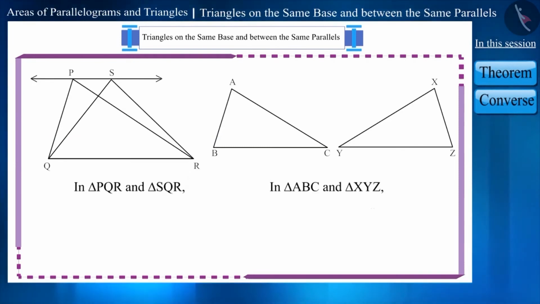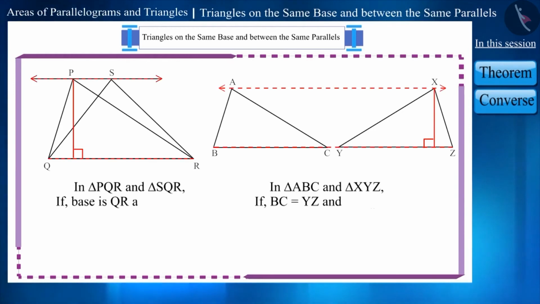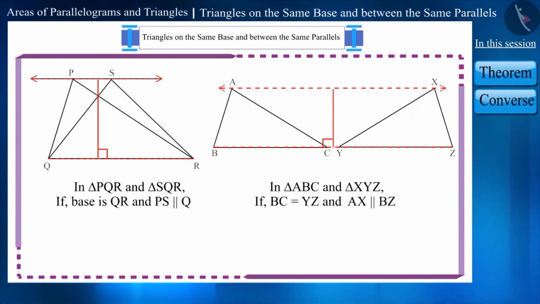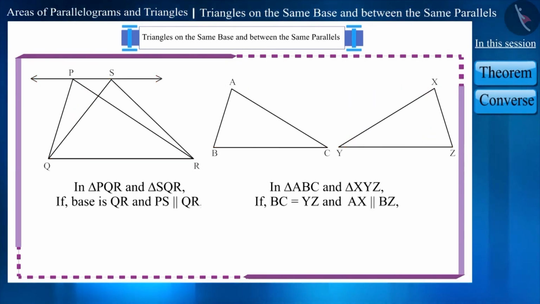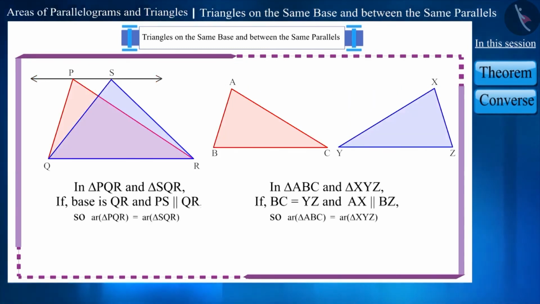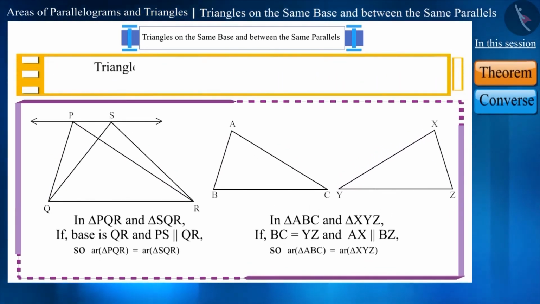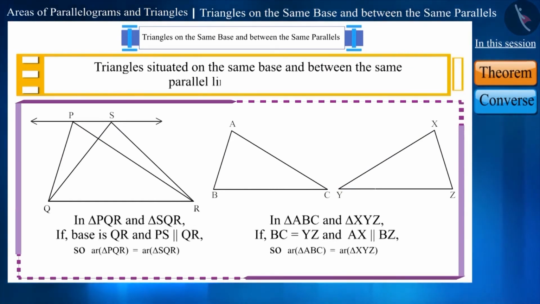You can check using other triangles that are situated on the same base and between the same parallel lines, and you will find that their area is also equal. Thus, we have reached a conclusion in the form of a theorem which says triangles situated on the same base and between the same parallel lines are equal in area.